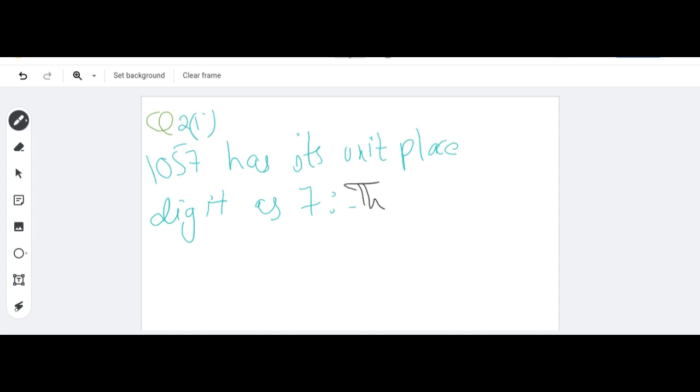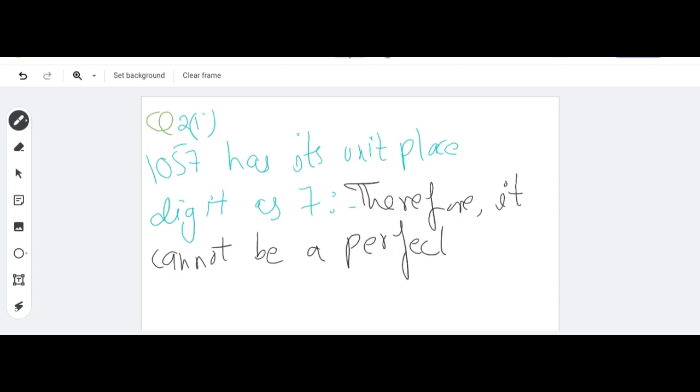Therefore, it cannot be a perfect square. Can you tell me how we found that it is not a perfect square? Because it does not end with any digit such as 1, 0, 5, 9. Done. Okay, Sukhana, what do you think about the next number?